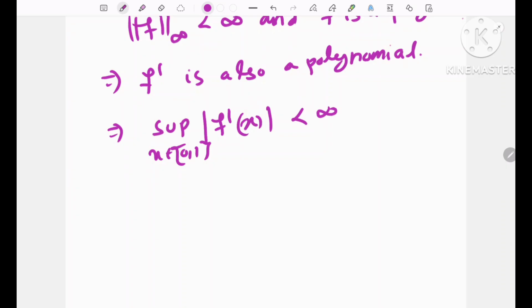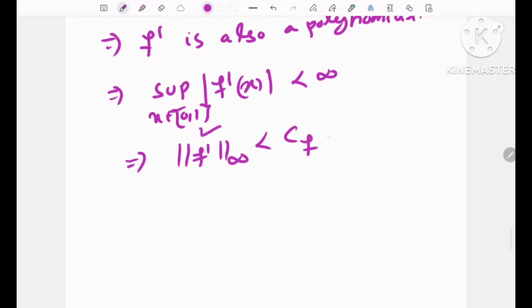It means f dash is a continuous function, and a continuous function on a closed interval is bounded. This implies the sup norm of f dash is also finite, bounded by some constant Cf, where Cf is greater than 0.